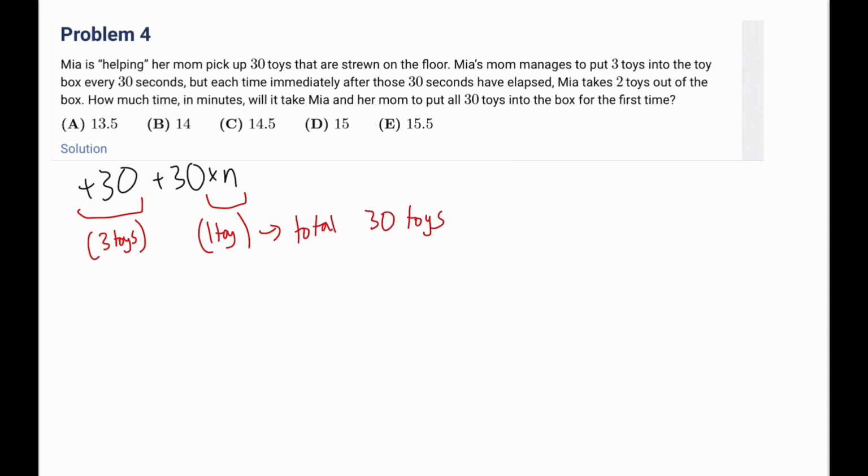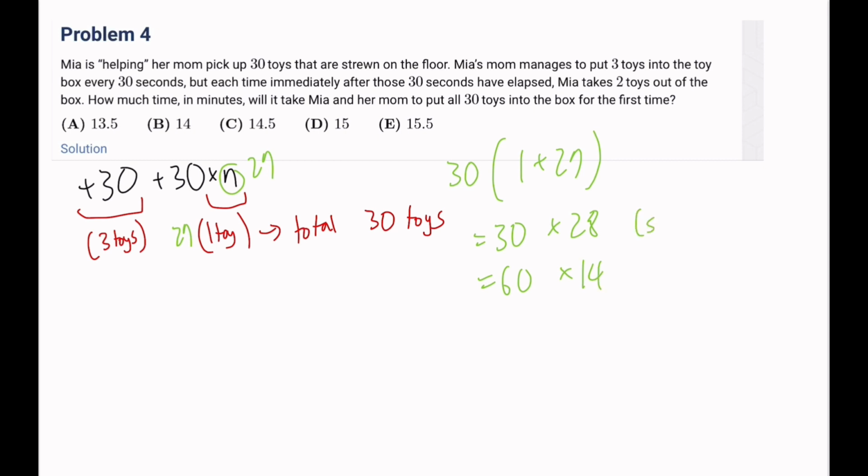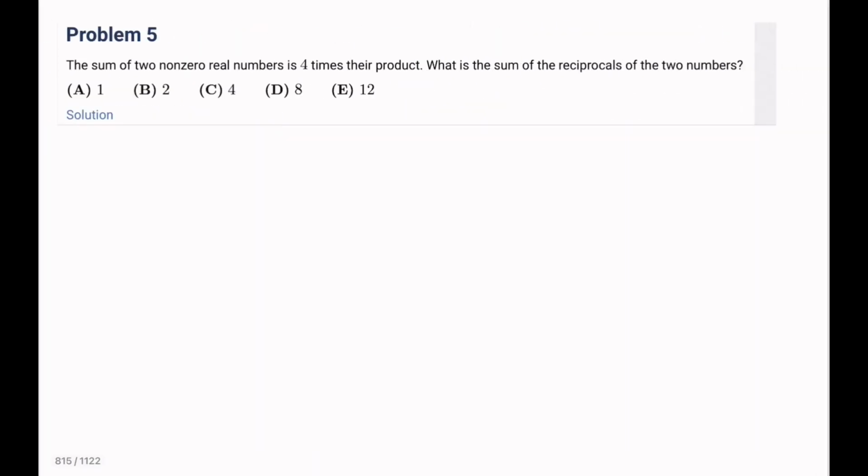And so to make 3 toys plus n number of 1 toys be 30, then obviously n is 27, right? And so we need 30 seconds times 1 from this plus 27 from this, right? And so this is 30 times 28, so this is 60 times 14, and this is all in seconds, and since 60 seconds is 1 minute, this is 14 minutes, right? So the answer is B.